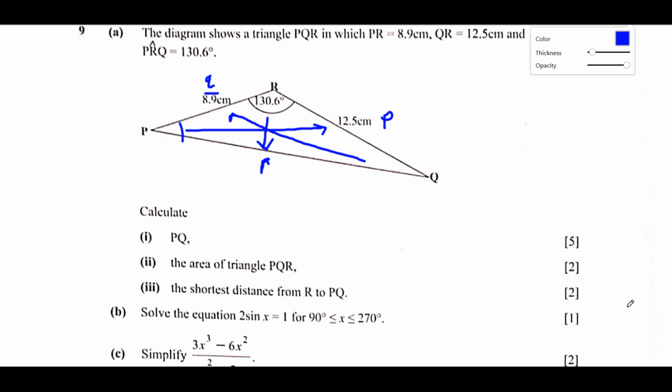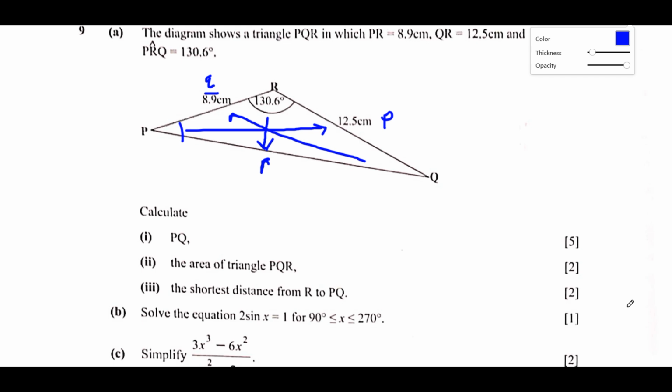Now there are two rules that you can use when solving a non-right angle triangle. You can use a sine rule or a cosine rule. So how do you know which one to use? For this question, we are going to use a cosine rule.